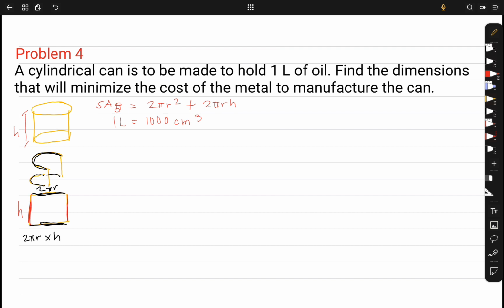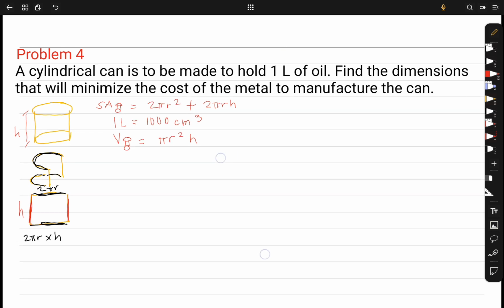And alam din natin, given fact that yung ating volume for cylinder, that is equal sa pi r squared h. So, from here, we're able to equate kasi meron tayong value ng volume, right?